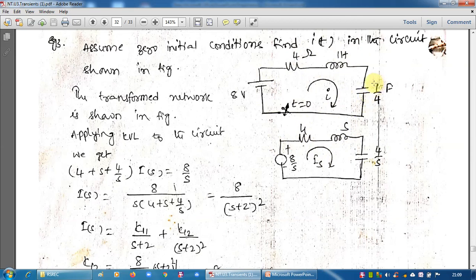The capacitor is 1 by Cs, which is 4 by S. And the 8 volts is transformed as 8 by S. Like that all are transformed. That is the reason why this is the transformed network. I is also IS.